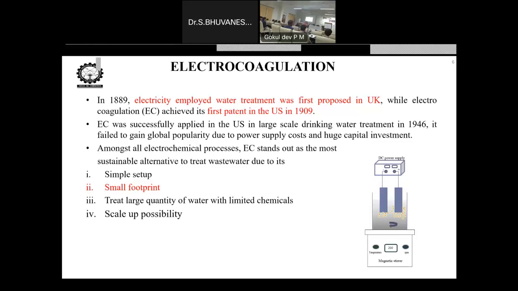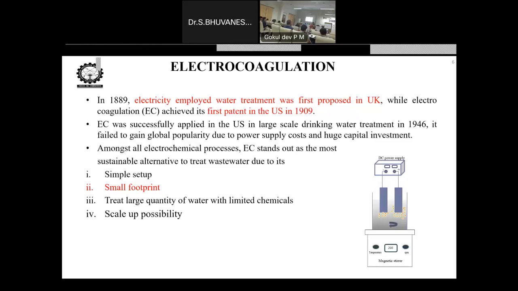Electro-Fenton is one method. Then electrosorption. I told about the capacitive deionization method. That is one electrochemical method. Electroreduction, electrooxidation. There are a lot of electrochemical methods available, and electrocoagulation is one among them.